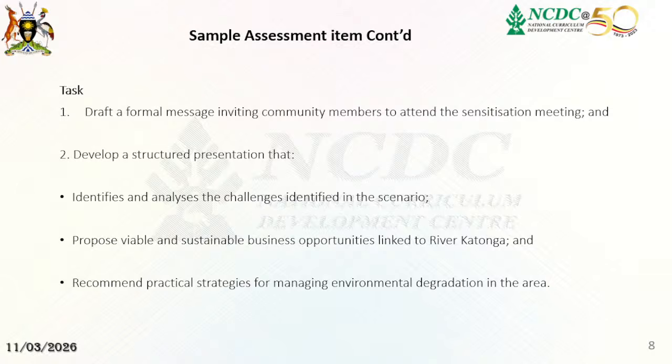Task: draft a formal message inviting community members to attend the sensitization meeting and develop a structured presentation that identifies and analyzes the challenges identified in the scenario. Propose viable and sustainable business opportunities linked to River Katonga.